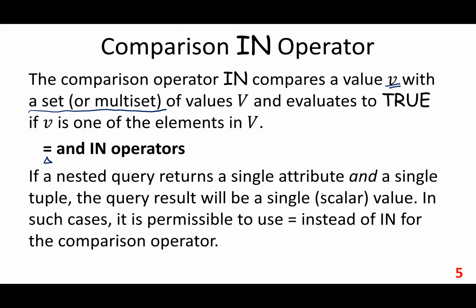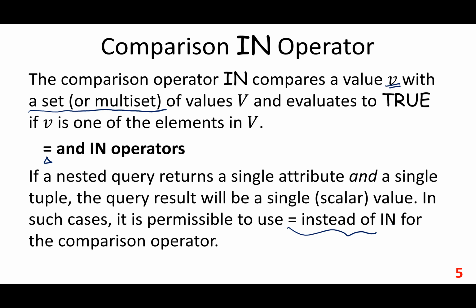In such cases, it is permissible to use equal instead of in. That's just a special case of in. But to be safe, using in is safer. For single or multiple, you can always use in. Equal you can only use for the single case. You cannot use it for the multiple case.